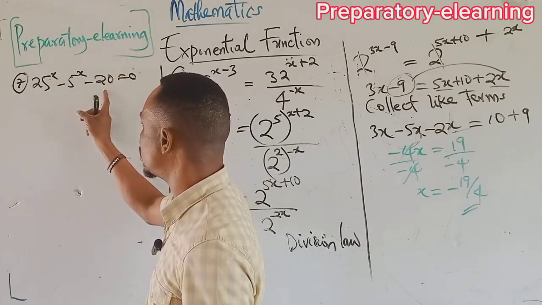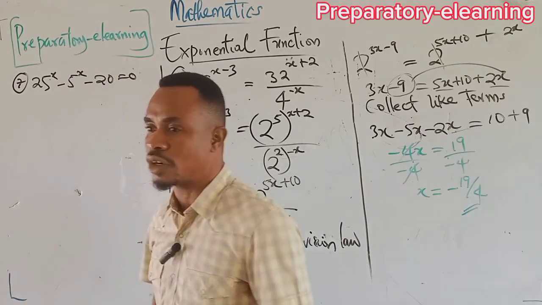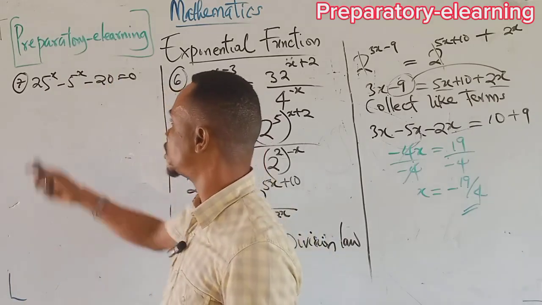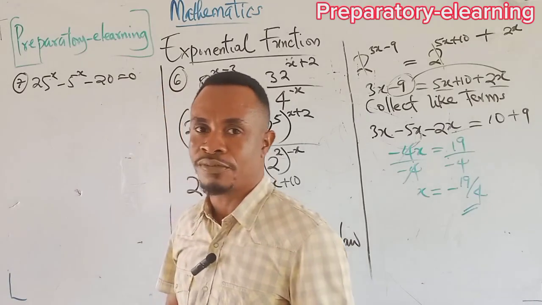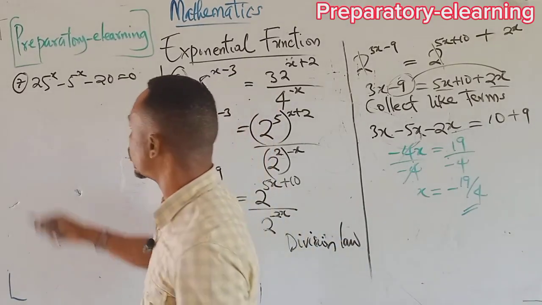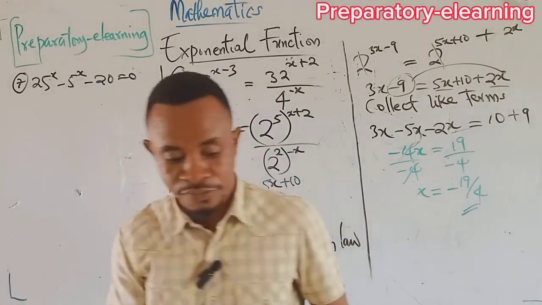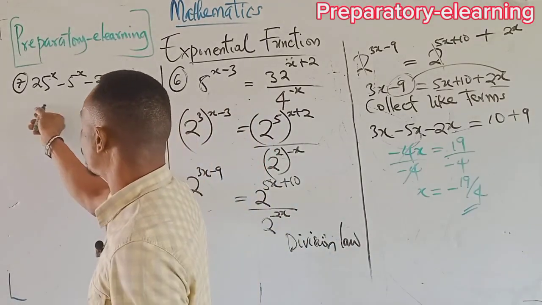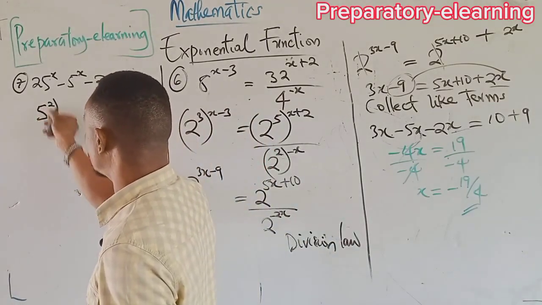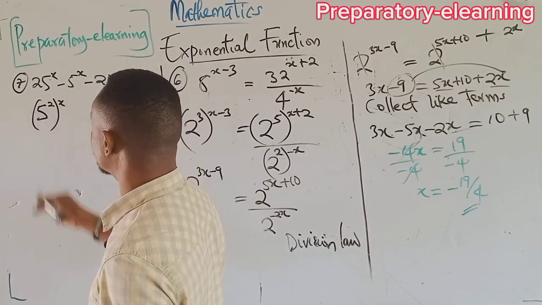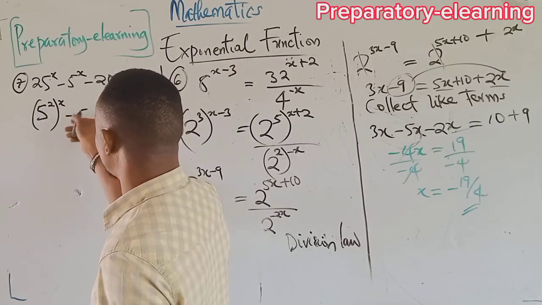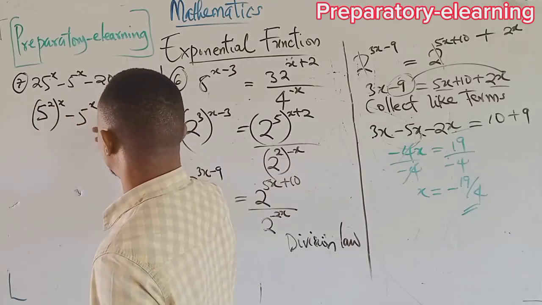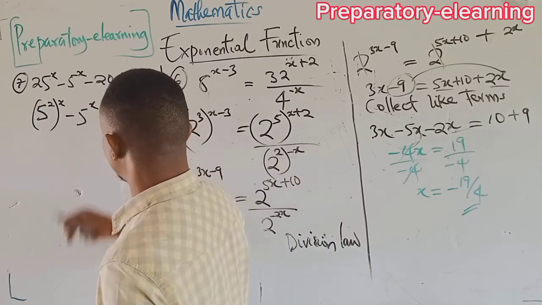You cannot reduce 20 into base 5. It's not possible. But we can reduce 25 into base 5. How will that be? What is 25 in indices? 25 in indices is 5 power 2, into x, minus 5 power x minus 20 is equal to 0.